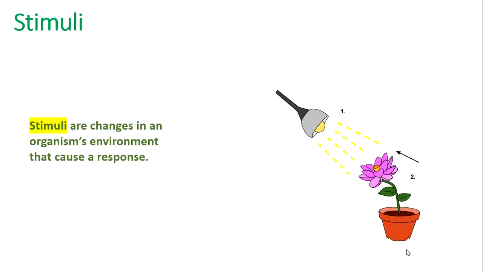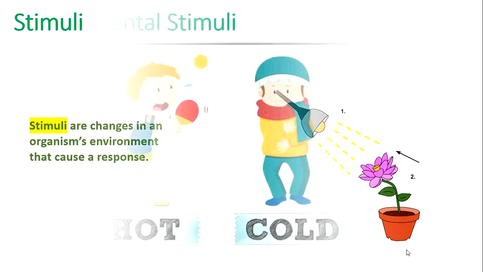In some cases the response to a stimulus is quick, for example, a Venus flytrap's response to touch. When stimulated by an insect's touch, the two sides of the trap snap shut immediately, trapping the insect inside. So it depends on the environment.